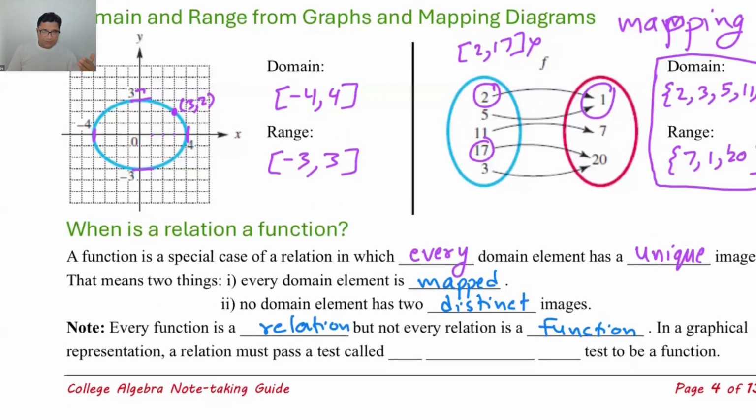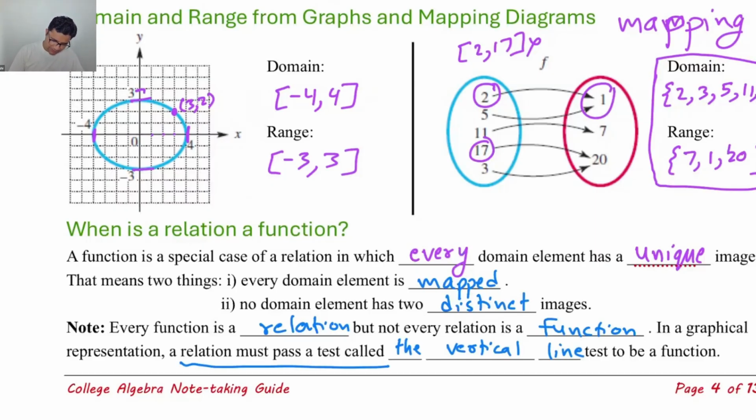How do you see it graphically? Graphically, this concept of every element has a unique image converts into a test called the vertical line test. What is a vertical line test?